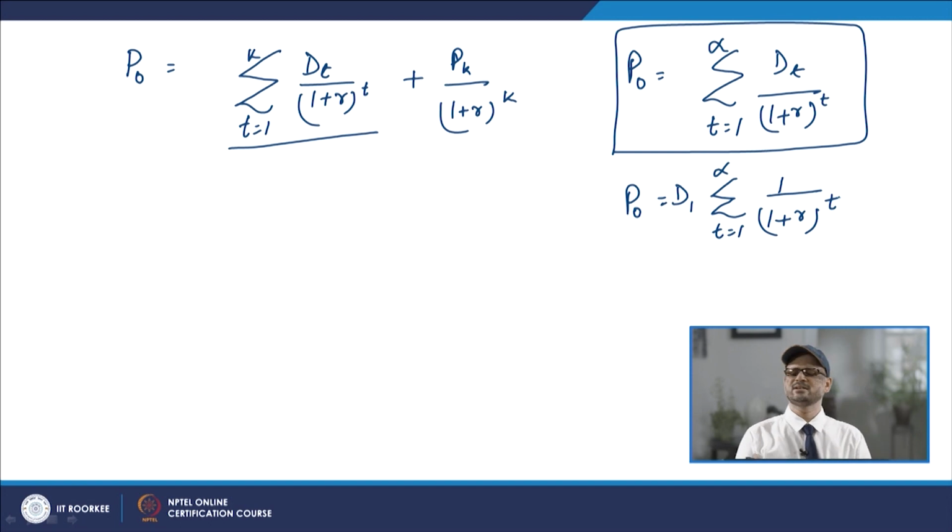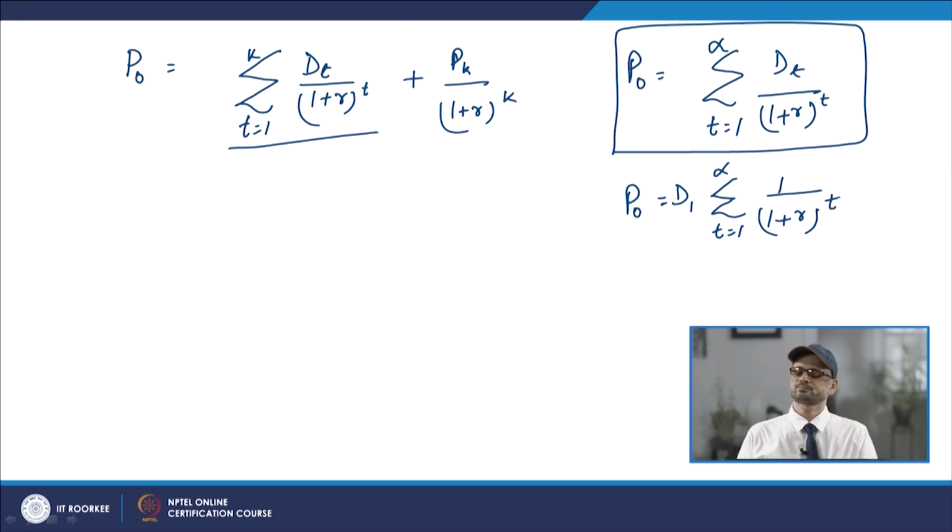This is nothing but a factor, with which you get the present value from the future value. That factor being summed up gives the summation of 1 by 1 plus r raised to the power t.